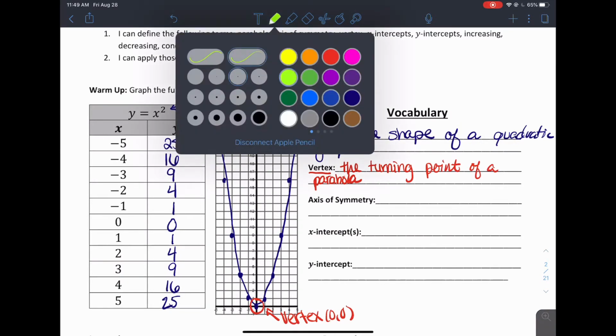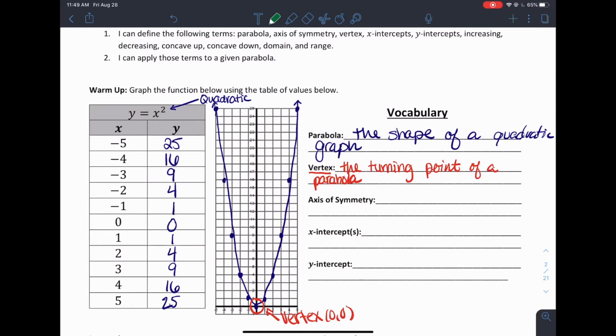Next, we have the axis of symmetry. Now, I just want you to remember that symmetry means the graph looks the same on both sides. So the axis of symmetry is the line that cuts a graph in half. So here, you can kind of see that it's symmetrical about the y-axis, right?